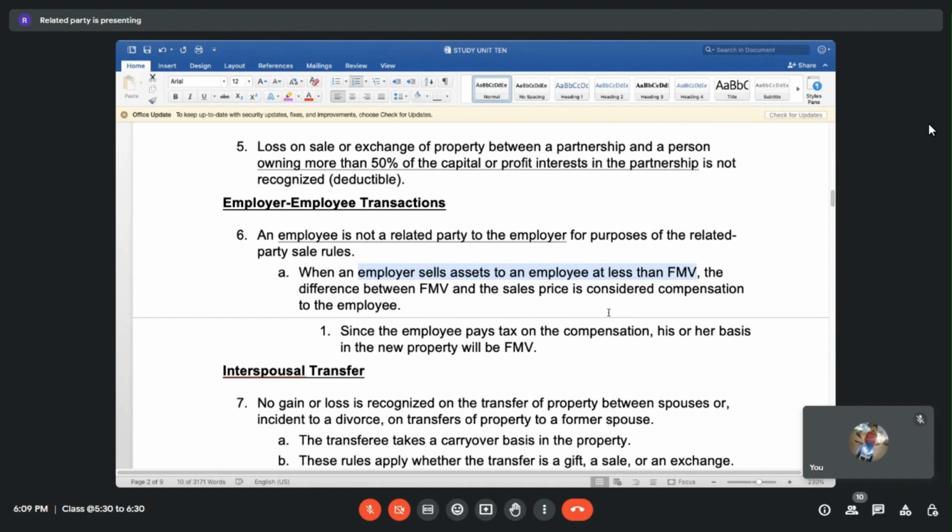But at that point of time, we have to see the difference between fair market value and the price at which the employee is buying it. That gets added as compensation, and employees pay taxes on that. So they are not considered related parties for these rules.